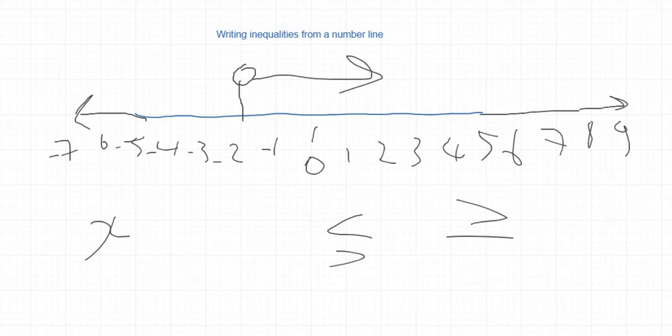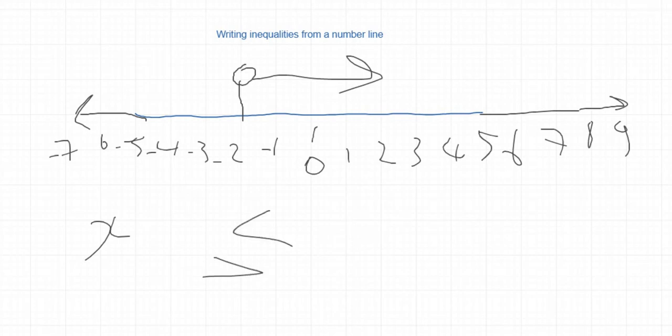When we look at this as an open circle, it is going to be one of these signs. But how do we know which one? The direction of the arrow tells us. The arrow is telling us it is greater. It is not closed at -2, which simply means -2 is not a solution, but greater than -2 is a solution.